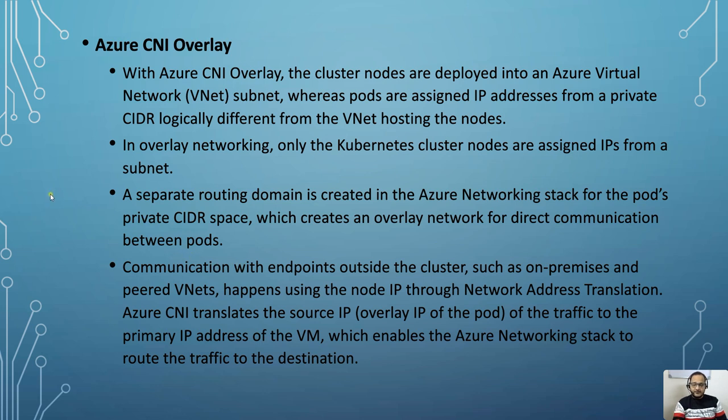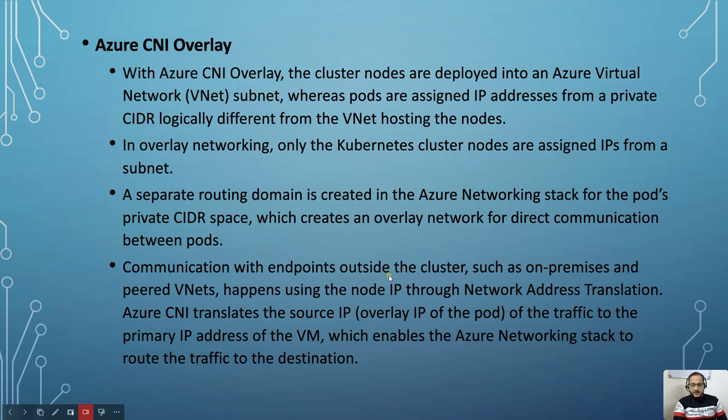In kubenet, we were not able to directly communicate between pods. But in Azure CNI overlay, it will automatically create a kind of routing table for you, so you can directly communicate between the pods. This is the main difference between the kubenet model and Azure CNI overlay.